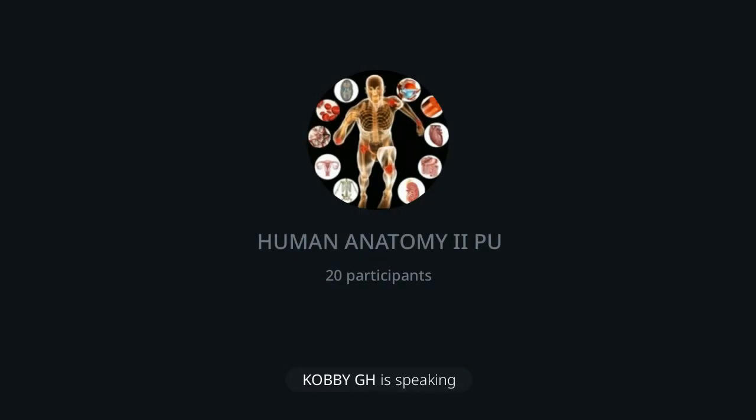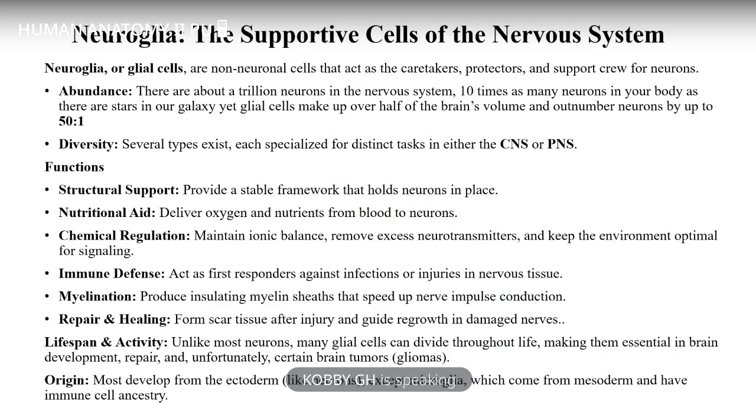If you go to a system like the circulatory system, we have cells like the white blood cells playing protective roles. When you come to the nervous system, the glial cells play protective roles, meaning they are more like caretakers, or they protect the neurons in the nervous system.